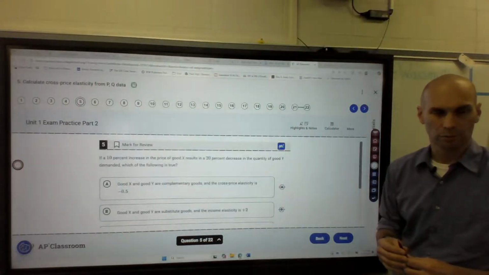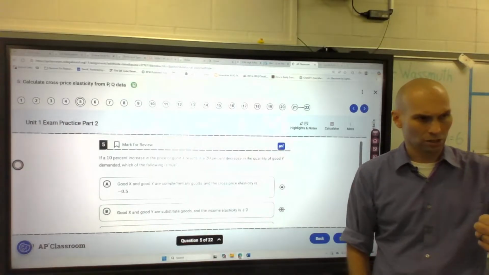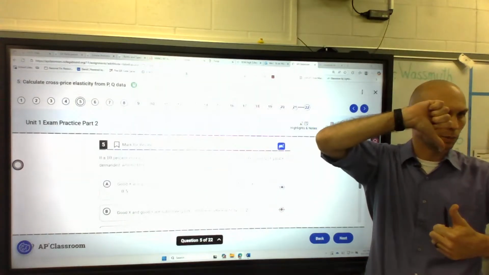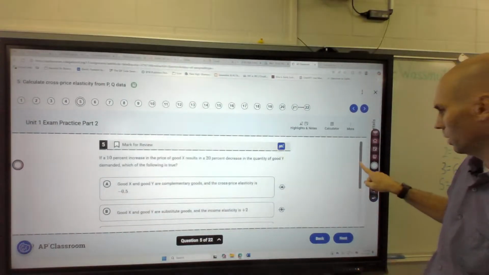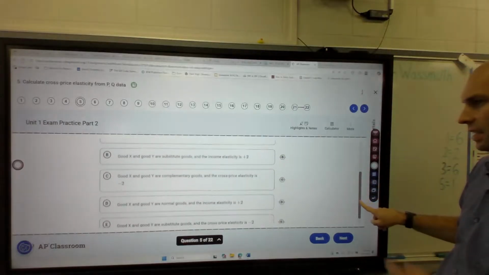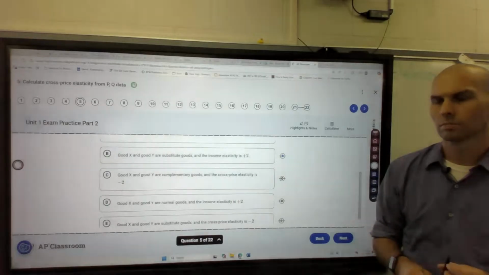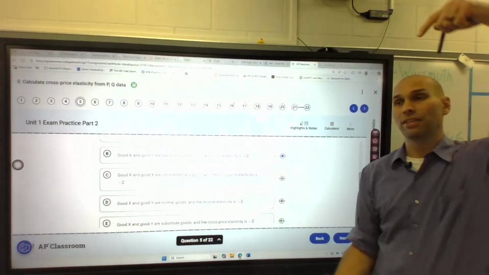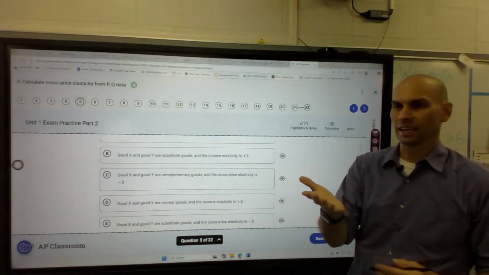Okay, remember, what are your go-to complements? Hot dogs and hot dog buns. If the price of hot dogs goes up, people buy fewer hot dogs and therefore fewer buns. Negative relationship, yep, it's complements. So the cross price elasticity is -2 and they are complements. A negative relationship means they go opposite ways.